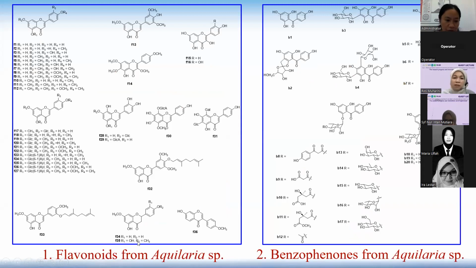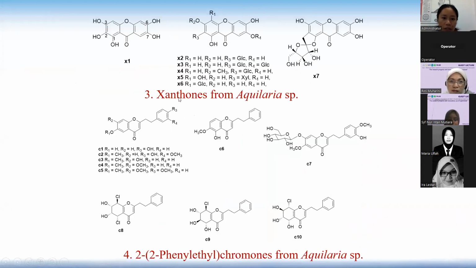So first is flavonoids. Flavonoids are the most abundant from the agarwood plants. And the second type is benzophenones. And the third is xanthones. And the fourth, 10 2-(2-phenylethyl)chromones have also been reported from the agarwood plants. But actually, we guess the number from here is not so much.